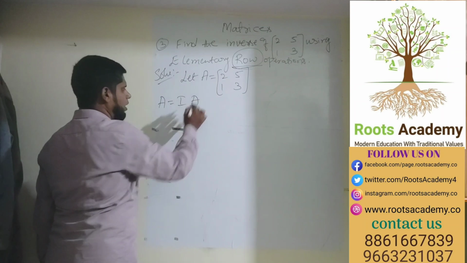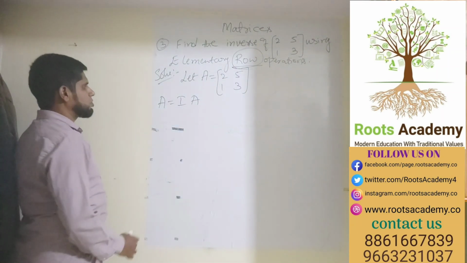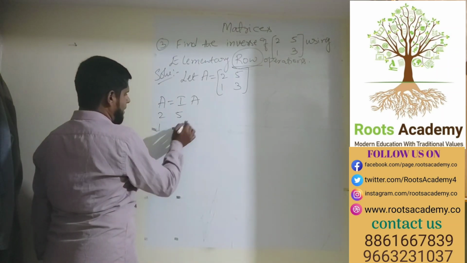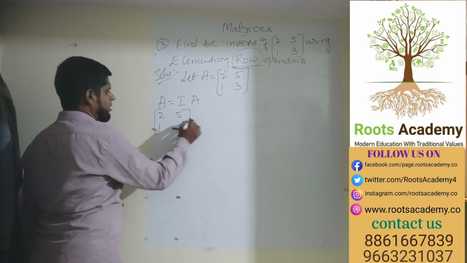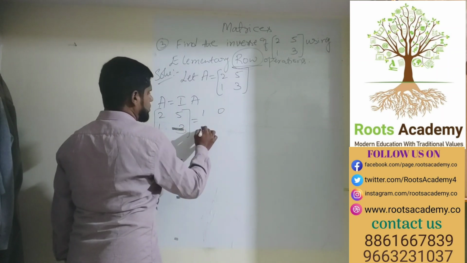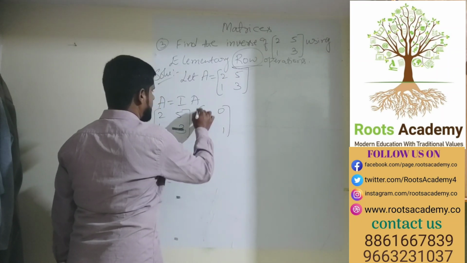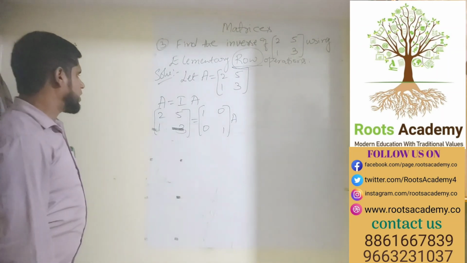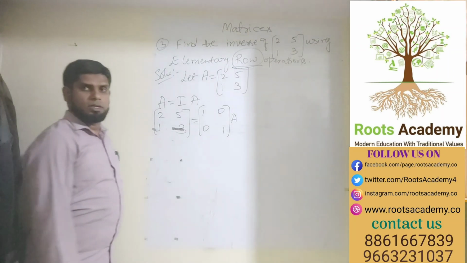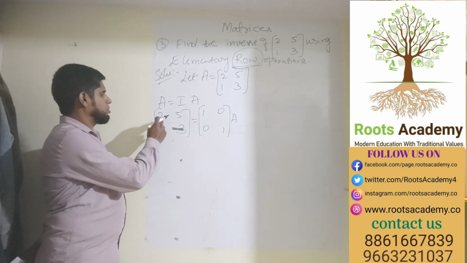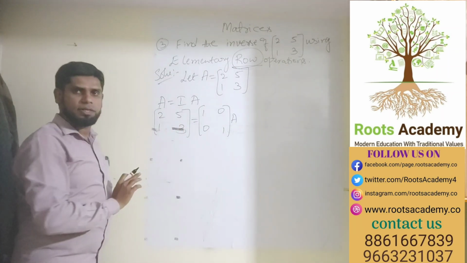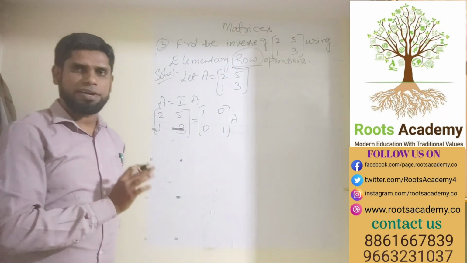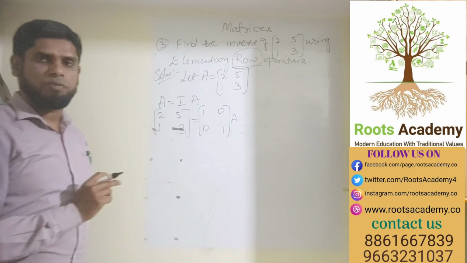A is equals to identity into A. So the A matrix 2 5 1 3 should be equals to 1 0 0 1 into A. Now student, here no element is in a proper form. All the 4 elements are totally different. Now I should change all the 4 elements.